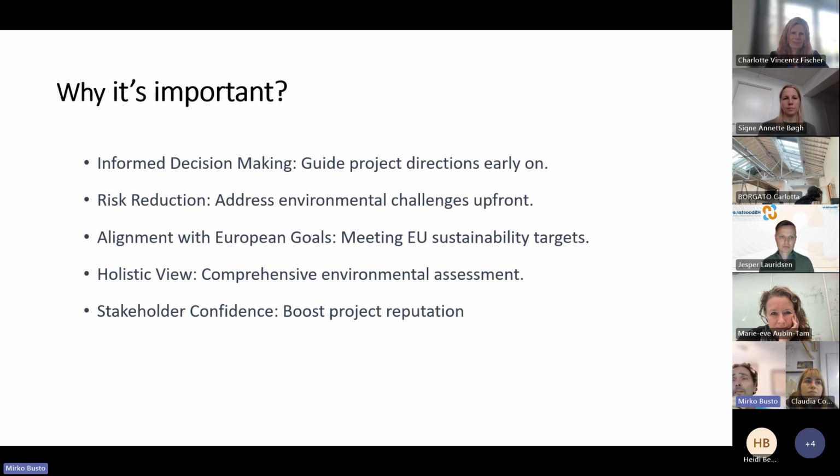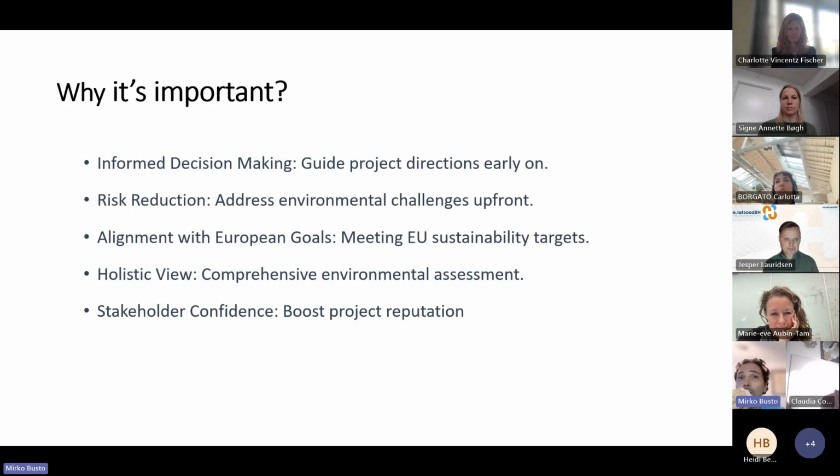And we, as life cycle assessment practitioners, can provide some insights to guide project decisions and in general towards sustainability from the early stages. Then we can have a risk reduction by identifying potential environmental challenges at low TRL. The project can mitigate risk early on, avoiding costly changes later on.